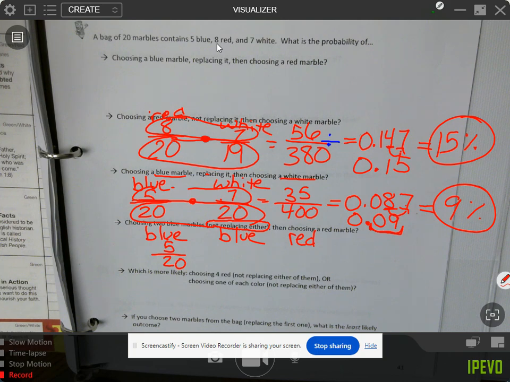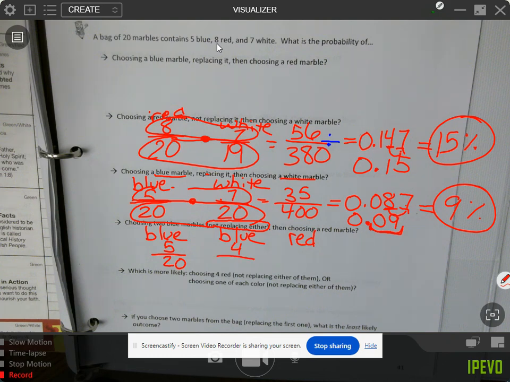Because, like Claire said, if I choose a blue marble and I don't replace it, how many blue marbles are left in my bag? So choosing a second blue marble, how many blue marbles are in the bag? 4. So now I have 4 possible blue marbles.